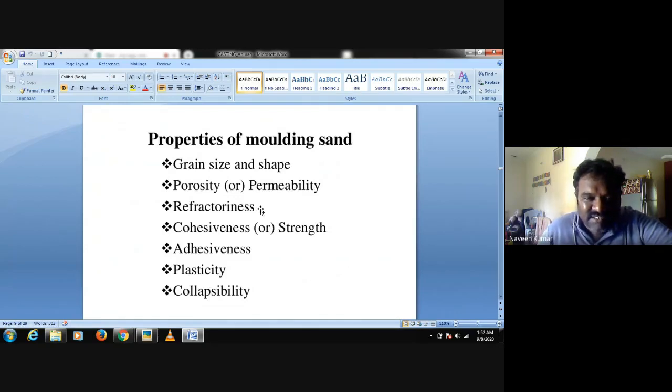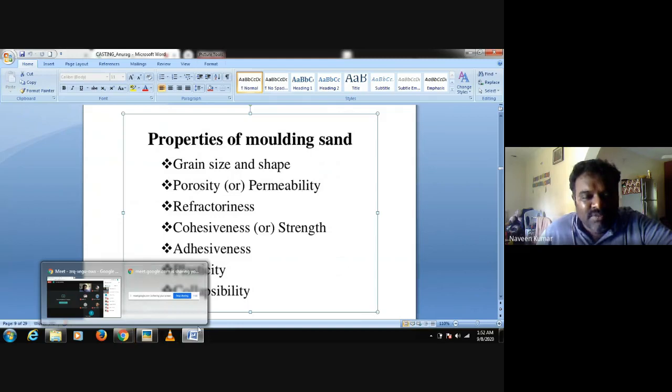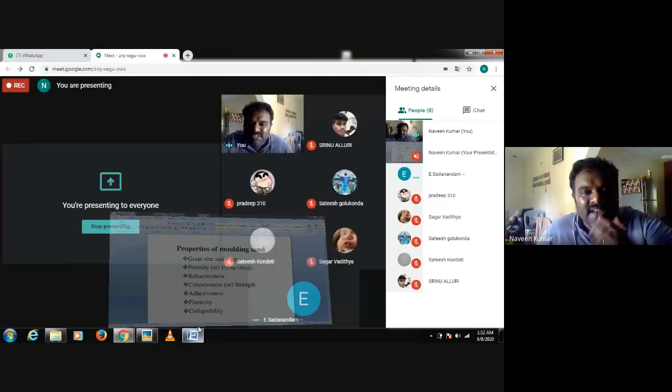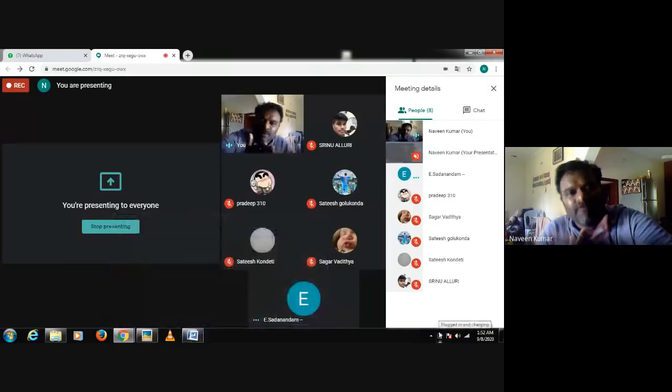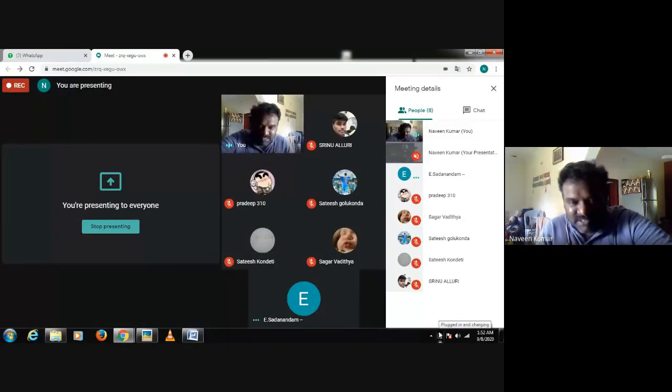And the next one is refractoriness. So what is refractoriness? It is the ability of the molding sand to withstand the higher temperatures of the molten material. We know that we pour molten material into the mold cavity at high temperatures, sometimes 1000 degrees centigrade, sometimes 1500 degrees centigrade, or sometimes beyond that.